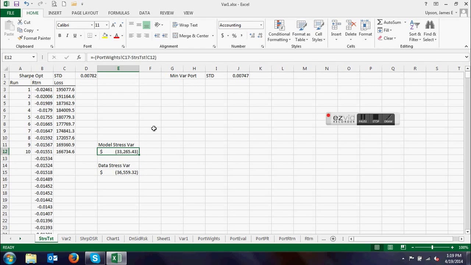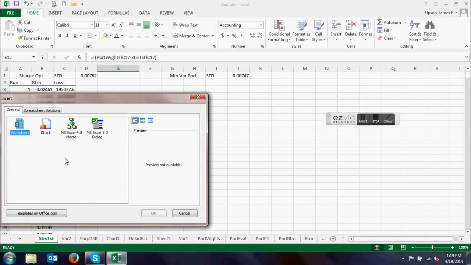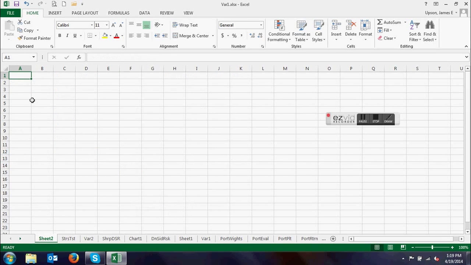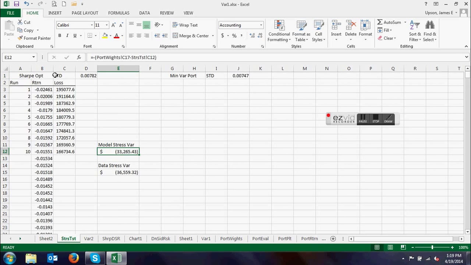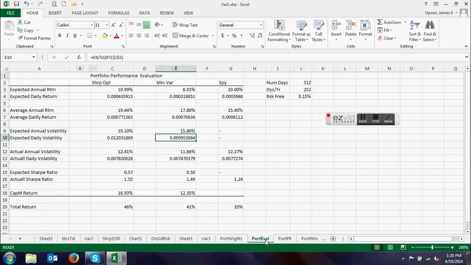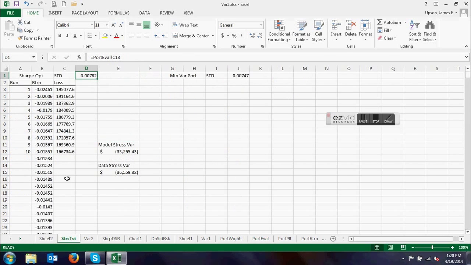From a model stress test, we're going to do something a little bit different. I'm going to go ahead and insert a new tab. And the standard deviation in the portfolio, which is coming from the evaluation, go over here to Port Evaluation C13, and that's the expected daily, or this is the actual daily volatility, or you can do it based on the expected daily volatility.